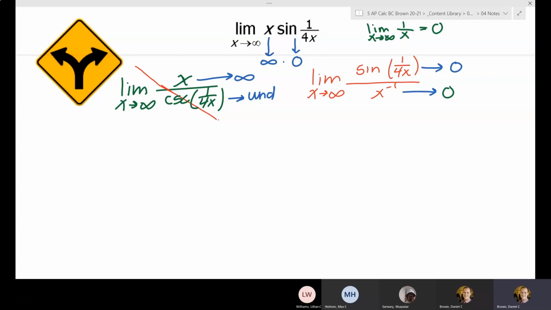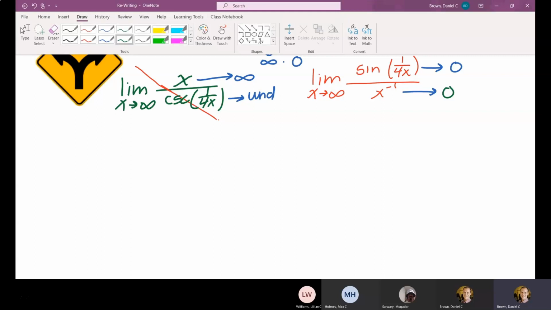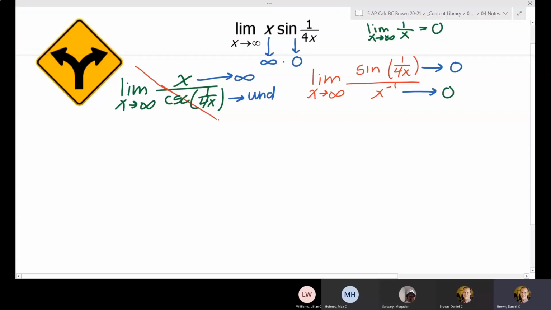Again, just like with all of your derivative rules, if it helps you to rewrite stuff to make it easier, you can. Like I might rewrite the inside of that sine as 1/4 x to the negative first power. Take the derivative of the numerator, take the derivative of the denominator since we have that indeterminate case. Before you plug it in, you're more than welcome to simplify that fraction and then try direct substitution.